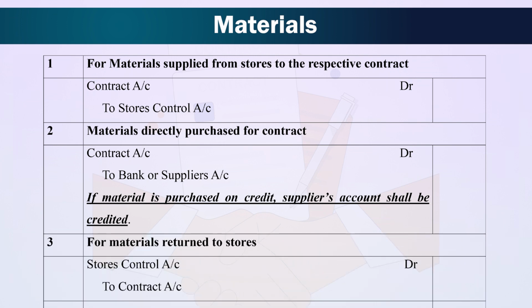Third entry will be for materials returned to stores: stores control account debit to contract account.